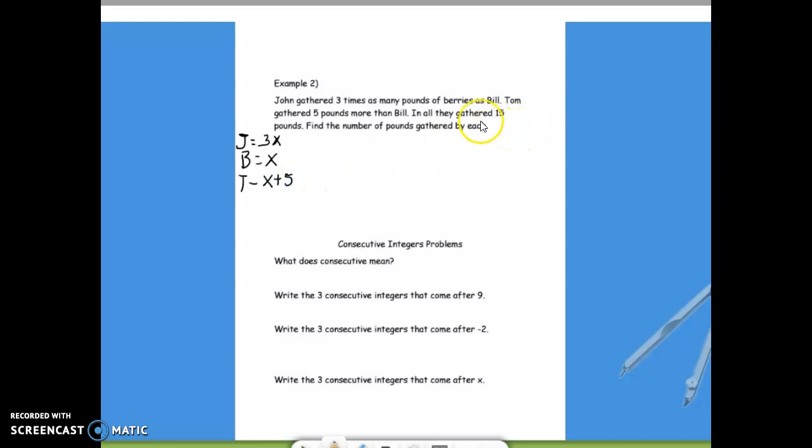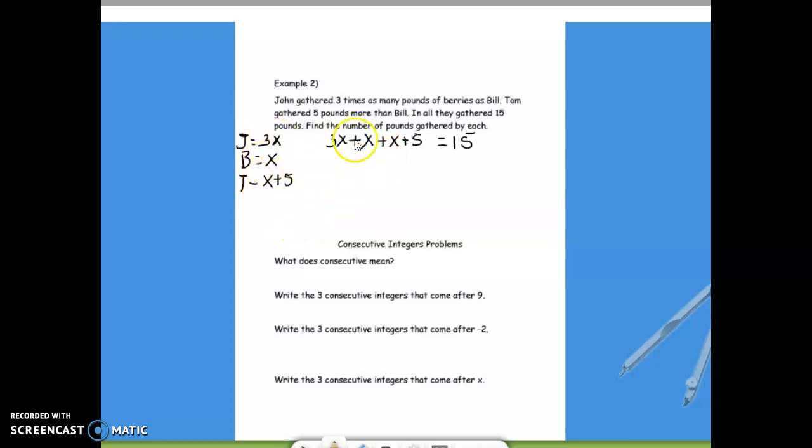And we know they gathered 15 altogether, so we could just kind of make a little statement. So we have John, Bill, and Tom. And all together they gathered up 15 pounds of berries. We want to find out how much each of them gathered.